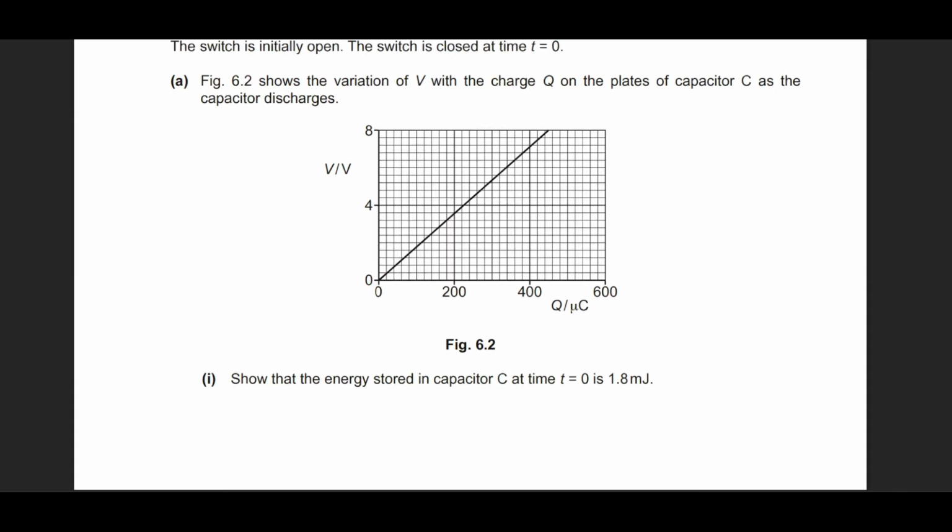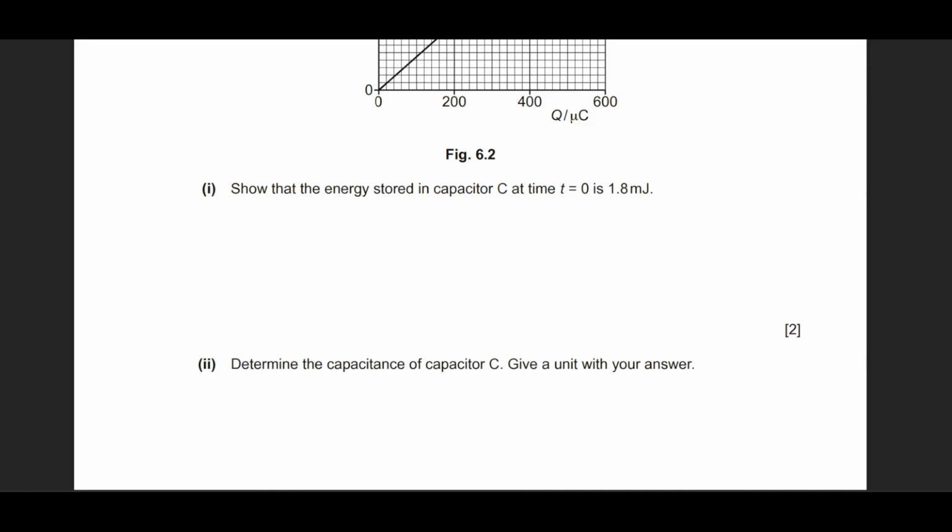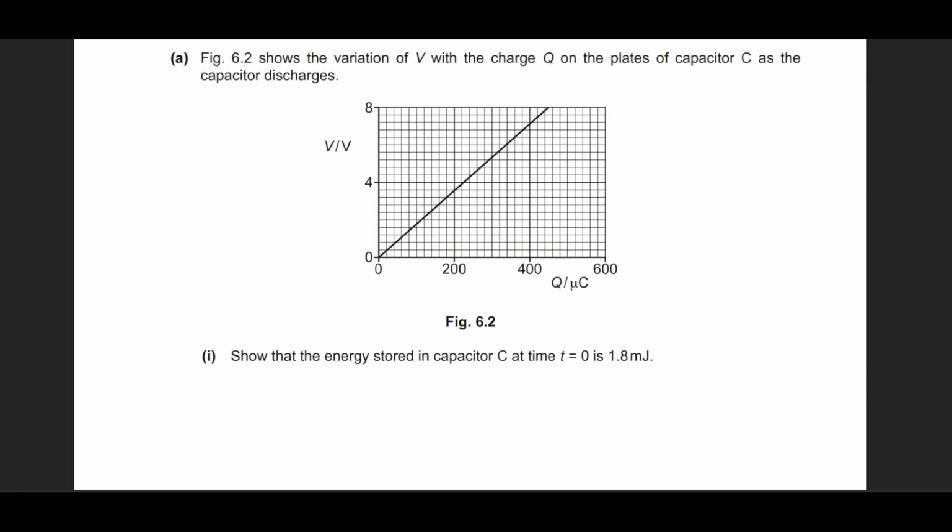Alright, so voltage and charge are given. He says, show that the energy is 1.8 millijoules. So the energy can be calculated as half CV squared or half QV. I can see that there is a Q and a V over here. So this will actually be energy represented as area under the graph. So we have to be clever about this.